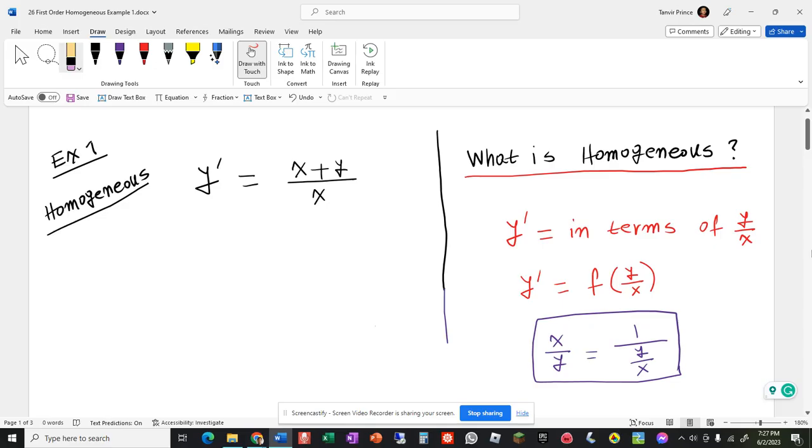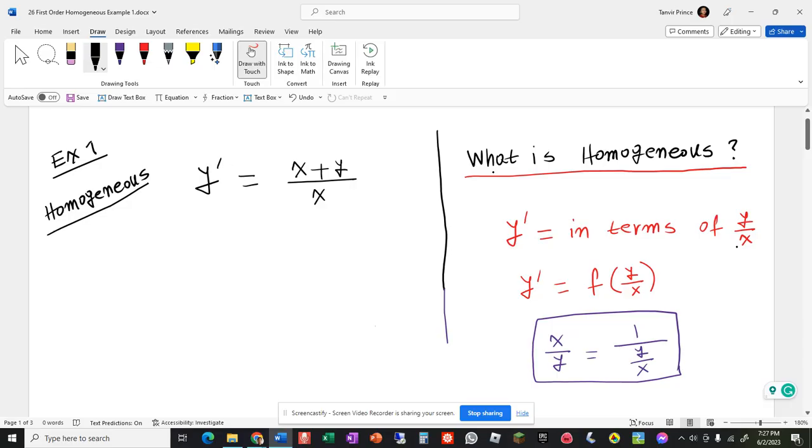So I'll directly go into the definition. What is homogeneous? A first order homogeneous differential equation is one where y prime can be written in terms of y over x.